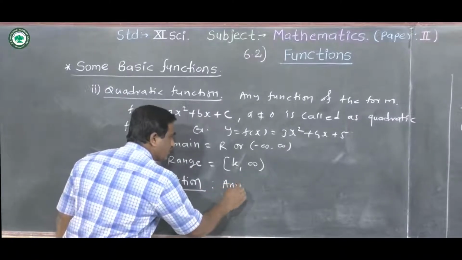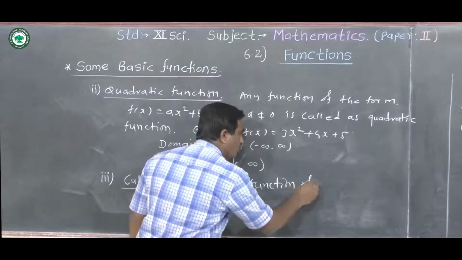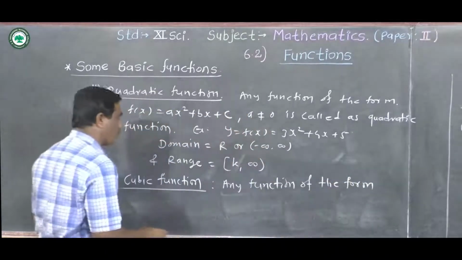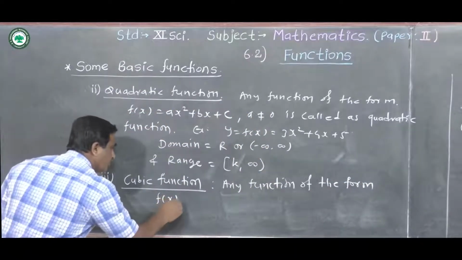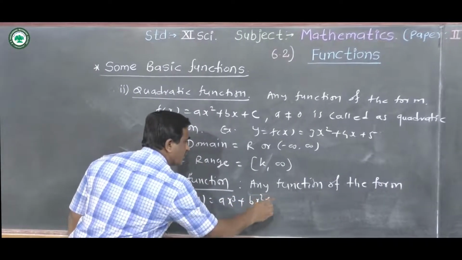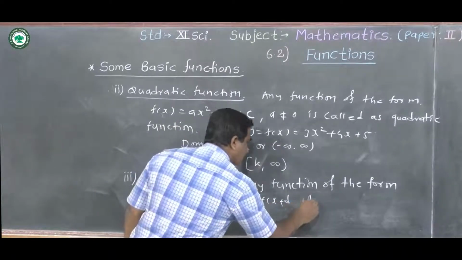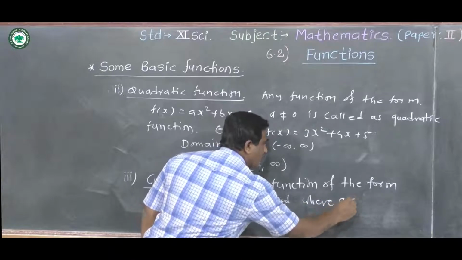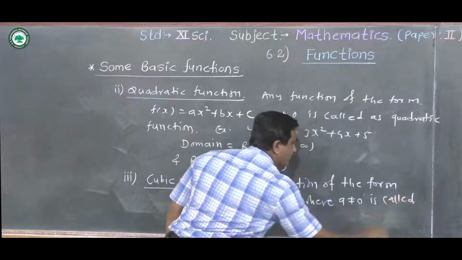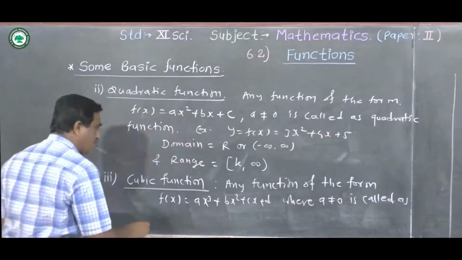Any function of the form f of x equal to ax cube plus bx square plus cx plus d, where a is not equal to 0, is called as cubic function.